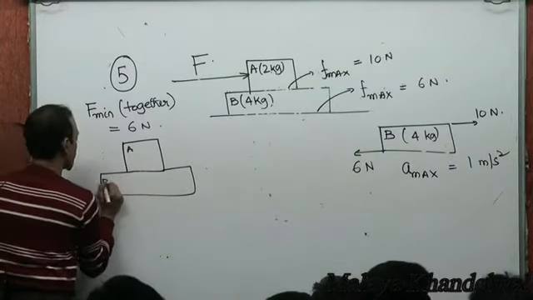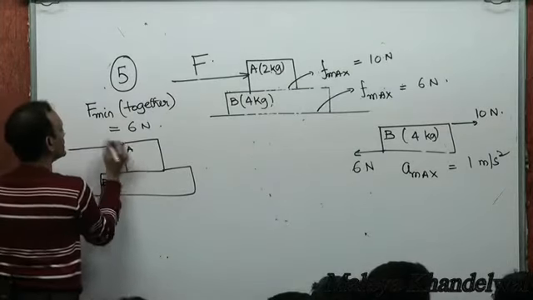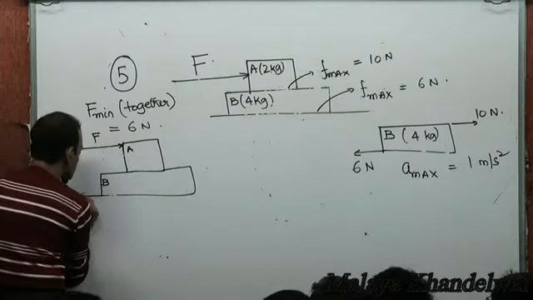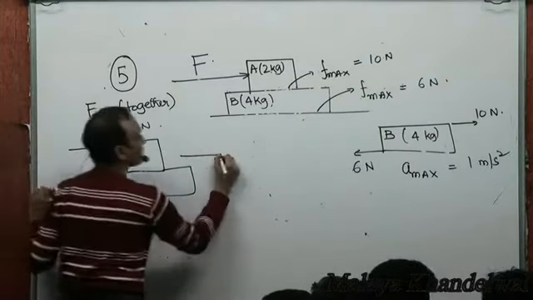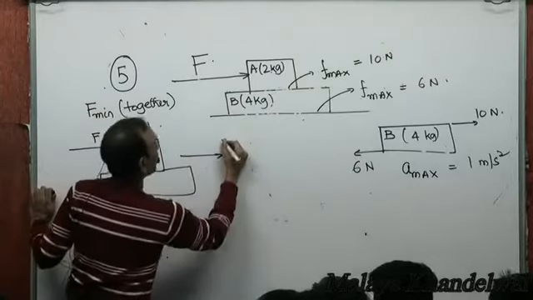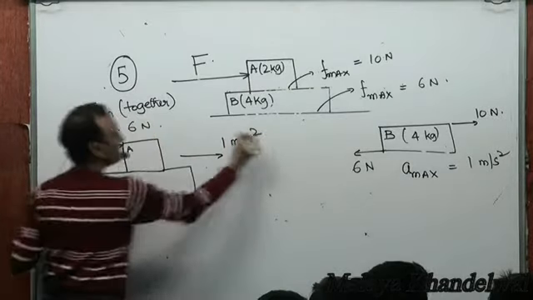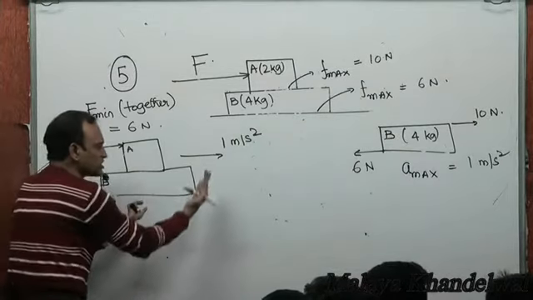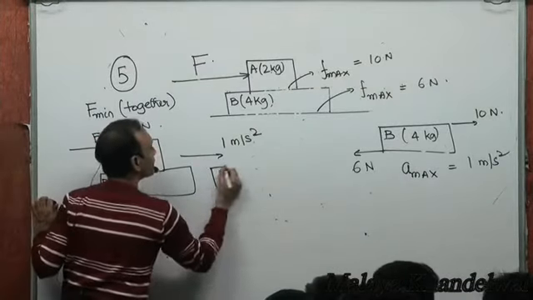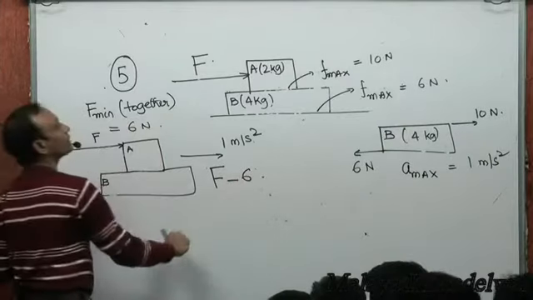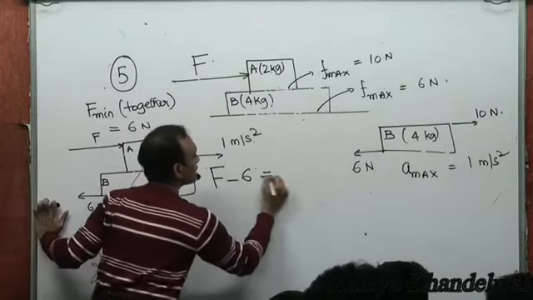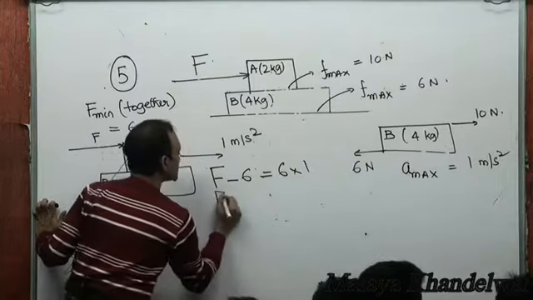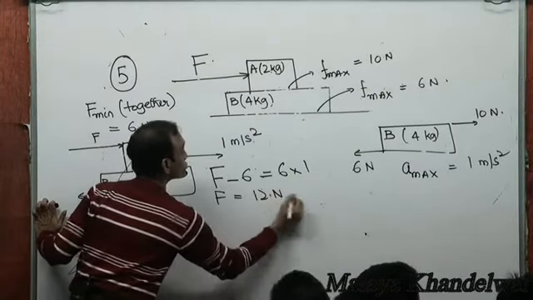This is A, this is B, F is applied here, and 6 newtons acts on this to the left, and they have a maximum common acceleration of 1 meter per second squared. So look upon this as one single lumped mass. There is no relative motion up to this state. Then we have F minus 6 equals total mass 6 into acceleration 1. That means F equal to 12 newtons.